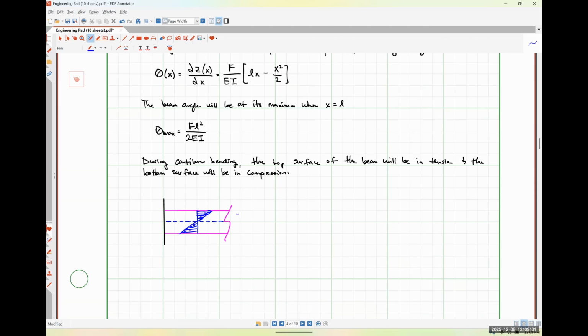Where I've got tensile stress that's trying to stretch the upper part of the beam and compressive stress that's contracting the lower part of the beam.